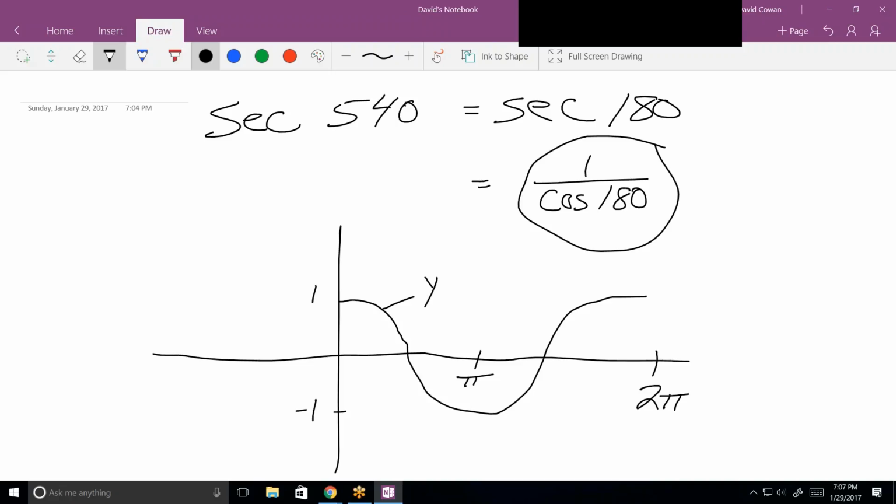What qualifies as the solution? Well, first of all, I've labeled the x-axis in radians. So you need to convert those either in your mind or actually convert them. Let's go ahead and convert them. Now what's the cosine of 180?